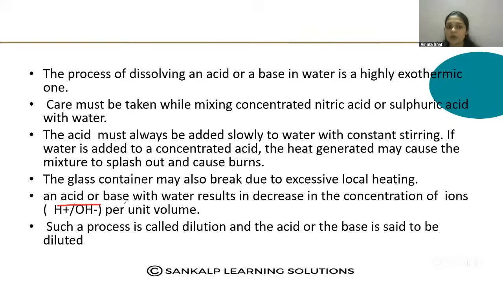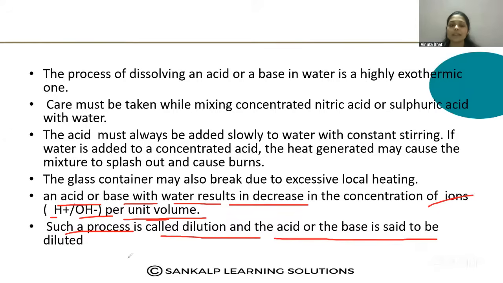And mixing an acid or base with water results in a decrease in the concentration of ions, H plus or OH minus ions per unit volume. Such a process is called the dilution of the acid or base, said to be diluted.